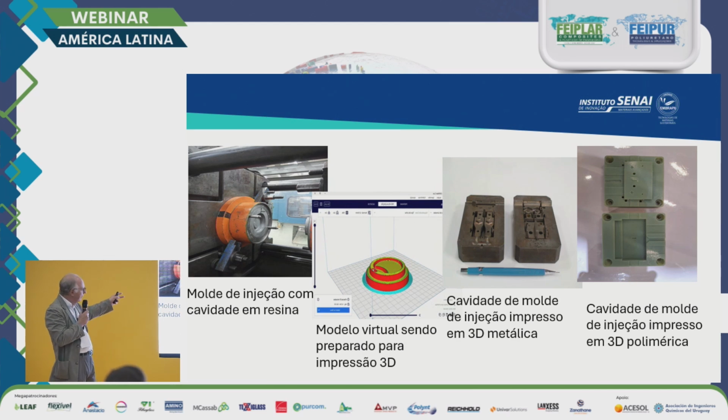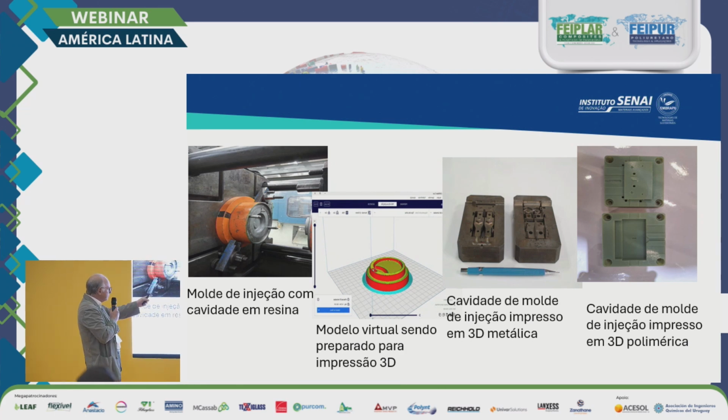And then sometimes you have to inject. That would be what I classify as a structural prototype. So it must be injected according to the project material and according to the processes that are foreseen. So one of the possibilities of producing this cavity is using the epoxy resin.